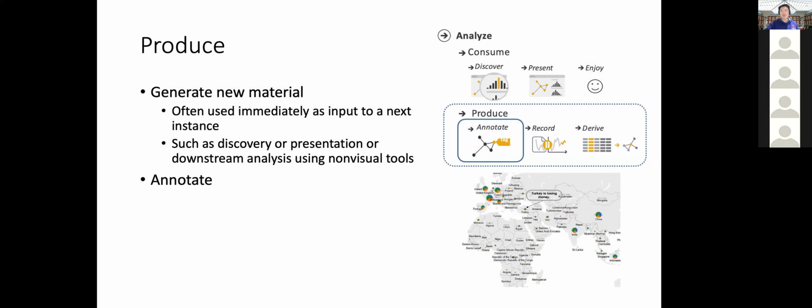In this example, we show some data of different countries, and you add notes to your visualization. It says Turkey is losing money, for example. This is something you add onto the visualization. You created something new. That's called annotate.